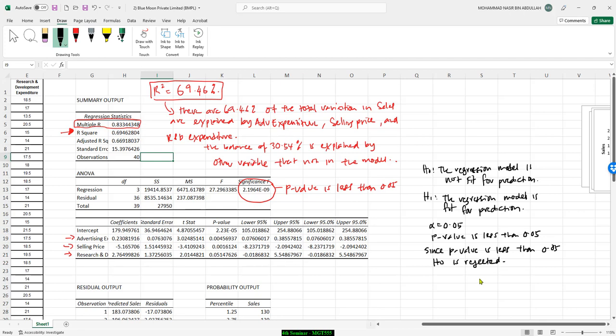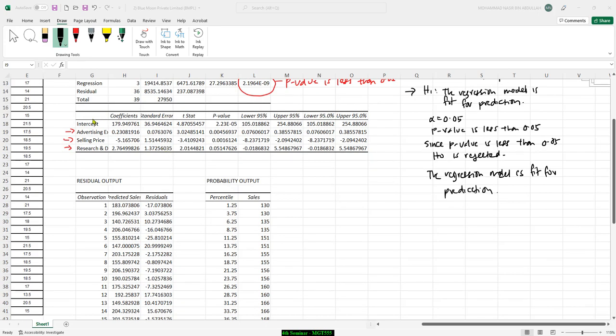Okay, so for the conclusion, we are going to conclude based on the alternative hypothesis, which is the regression model is fit for prediction. Okay, so this is the first part for one-way ANOVA.